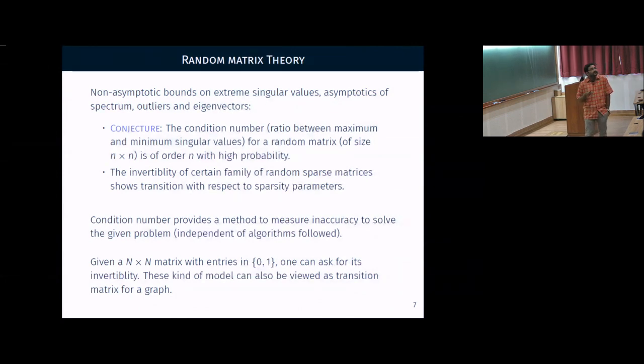Now, condition number is useful in numerical analysis because condition number tells us how well we can solve a problem. That is, if we are trying to solve Ax equal to b and trying to determine the x given b, then how accurate we can get based on the properties of A alone. It has nothing to do with the algorithm based on which we are doing the solving.